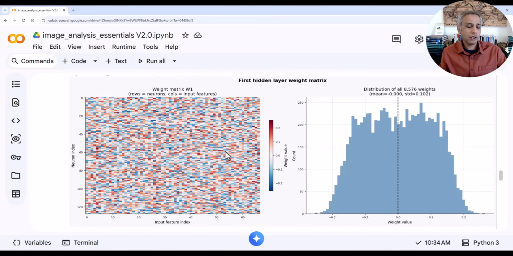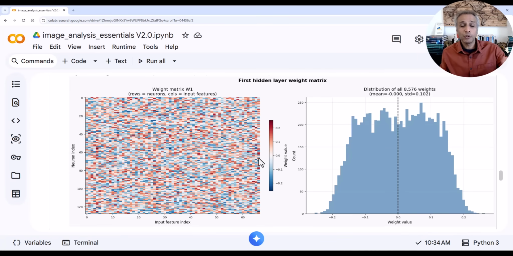For each of our neurons in the first hidden layer, we have 128 neurons. If you look horizontally here, at the input feature index, is there any trend that we actually find? Is everything red or everything blue? To me, I don't see much of anything. That's why I'm skipping this.